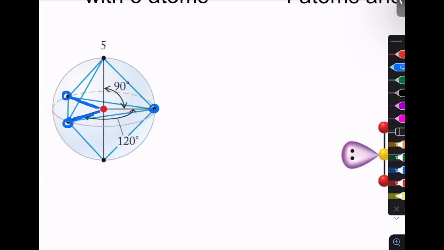So 1, 2, 3. And that trigonal plane, it's all 120 degrees bond angles, just like we had in trigonal planar. So this is what we call an equatorial trigonal plane.